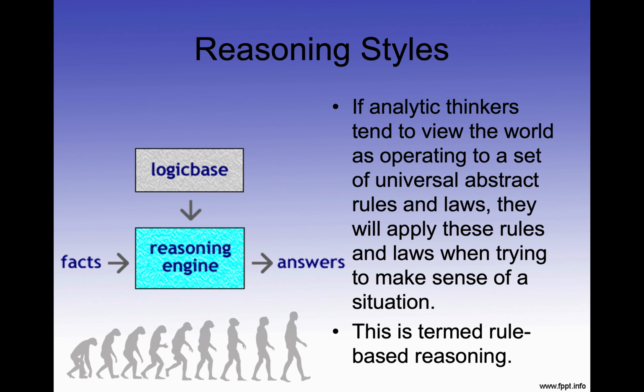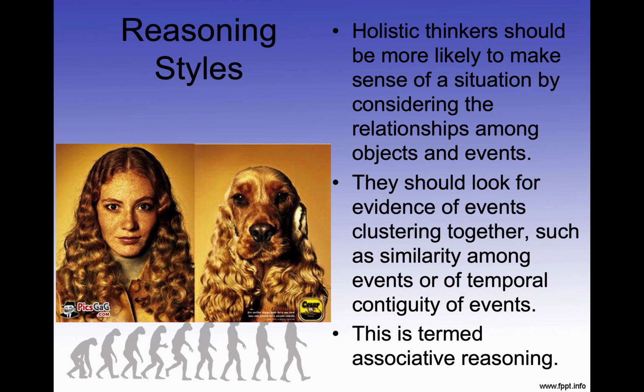If analytic thinkers tend to view the world as operating to a set of universal abstract rules and laws, they will apply these rules and laws when trying to make sense of a situation. This is termed rule-based reasoning, and of course, as Westerners, we have rule-based reasoning. Holistic thinkers should be more likely to make sense of a situation by considering the relationships among the objects and the events.